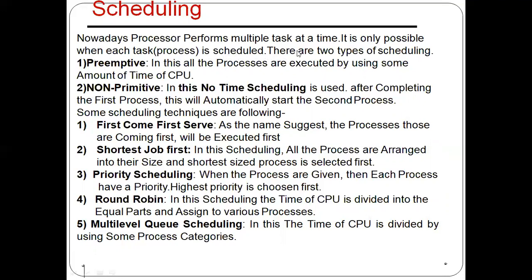So here, these are two types of scheduling. Preemptive, all the processes execute using some amount of CPU time. And second, non-preemptive, where the next process runs after completing the first process.